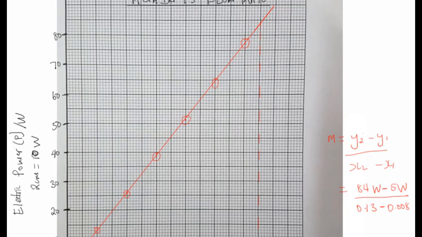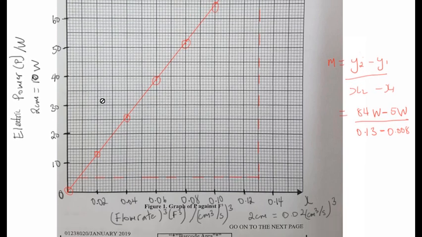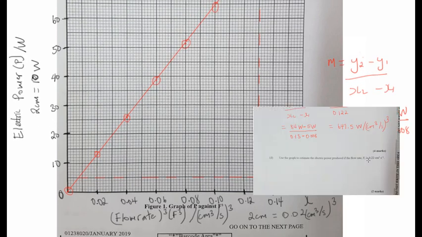Alright, so this is the graph, and it says that we should estimate the electrical power if the flow rate is 0.22. Alright, so let's just navigate to 0.22.